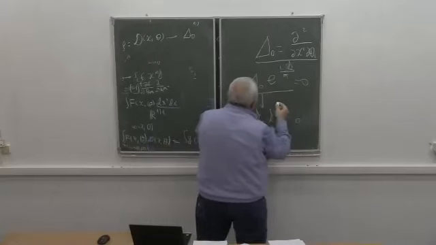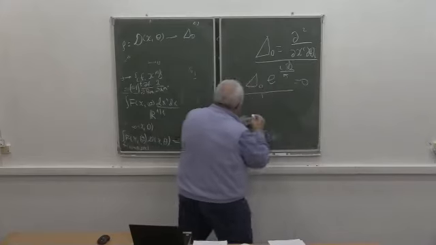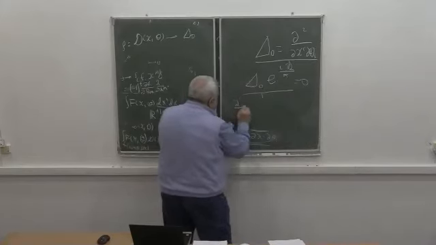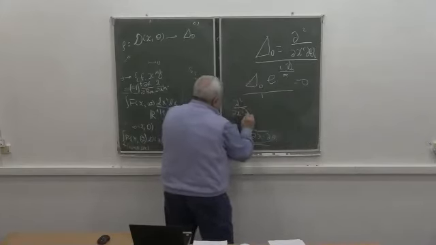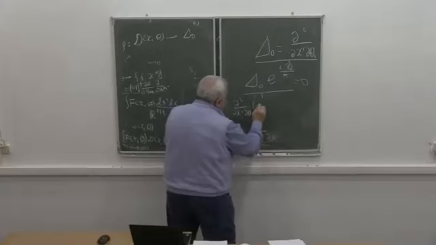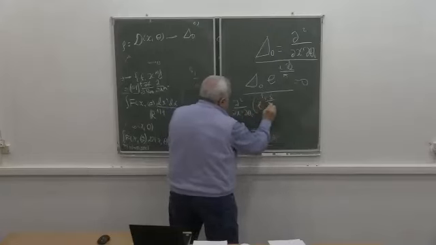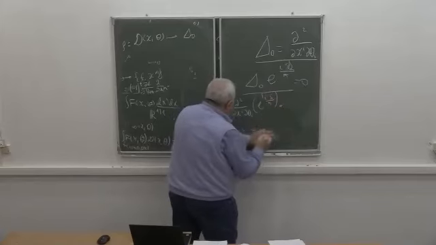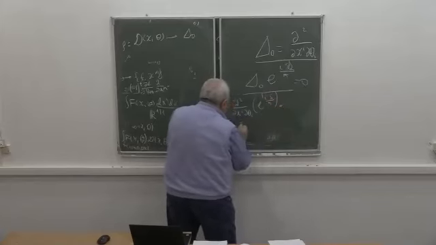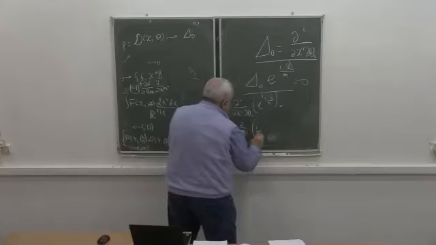If you consider delta for e^{iS/h}, the first term will be the classical one, divided by h.